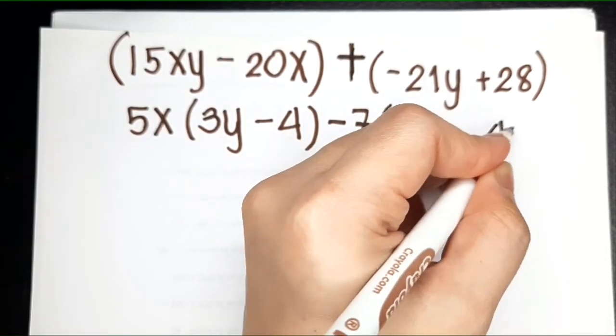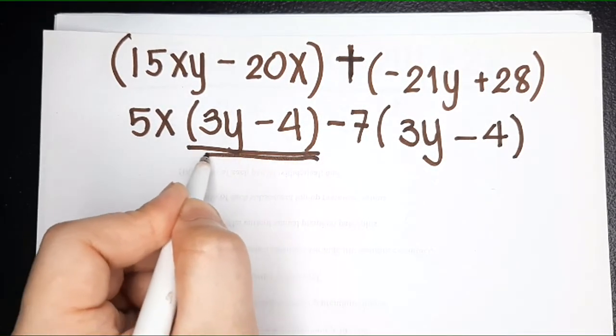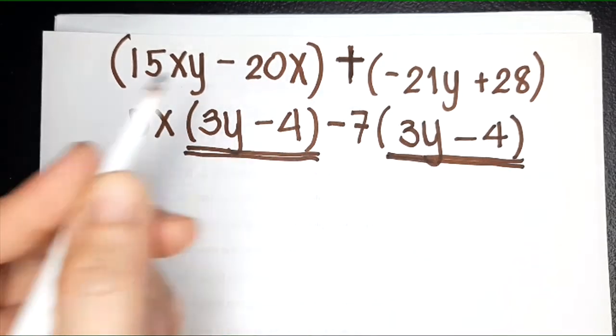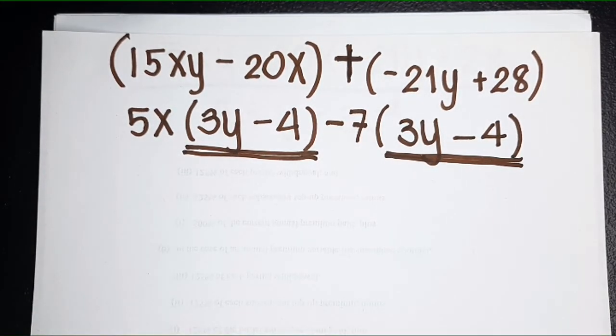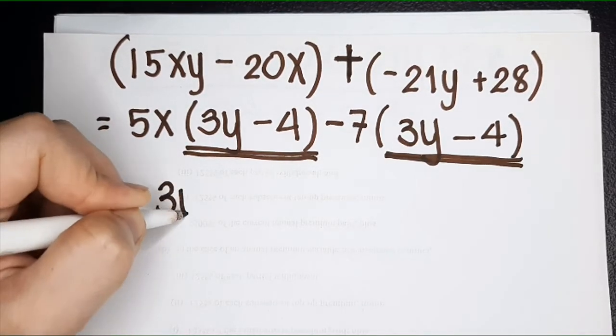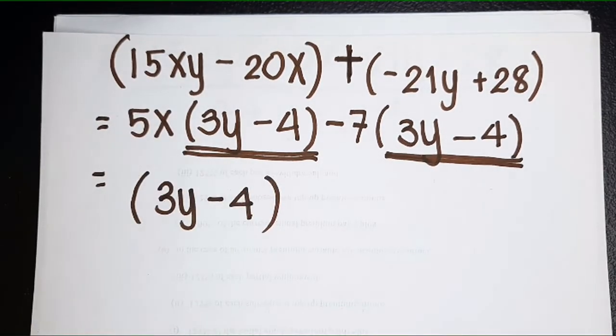minus 4. Kasi ito naman talaga ang goal ng factoring by grouping. Magkaroon ng pareho dito. Right? Kapag pareho na siya, you can factor that out. The 3y minus 4. Yeah, you factor that out.